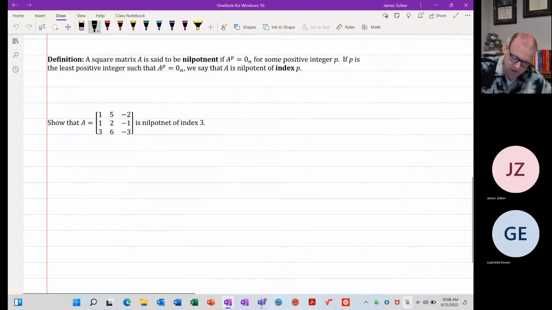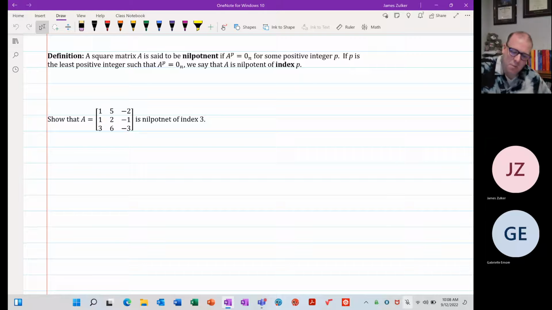Now we're given another definition. A square matrix A is said to be nilpotent if A to the P equals the 0 matrix for some positive integer P. And if P is the least positive integer that satisfies that condition, then it's nilpotent of index P. We're asked here to show that the given matrix A is nilpotent of index 3.